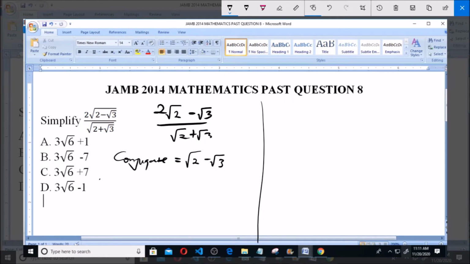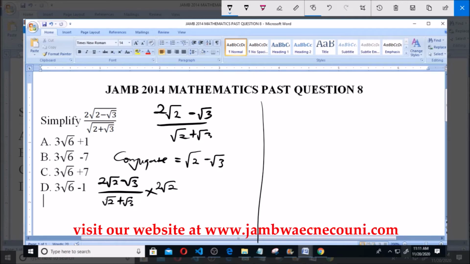So we have (2√2 − √3) all over (√2 + √3), multiplied by (√2 − √3) all over (√2 − √3).